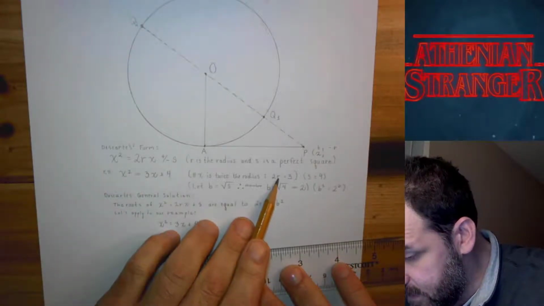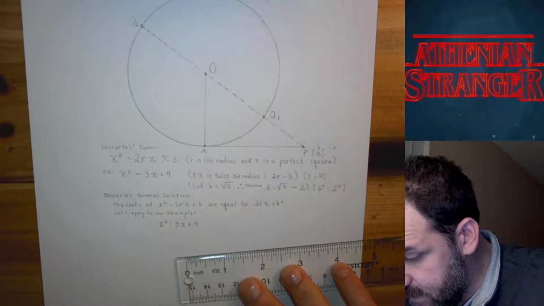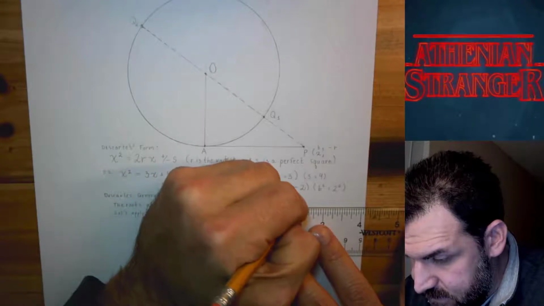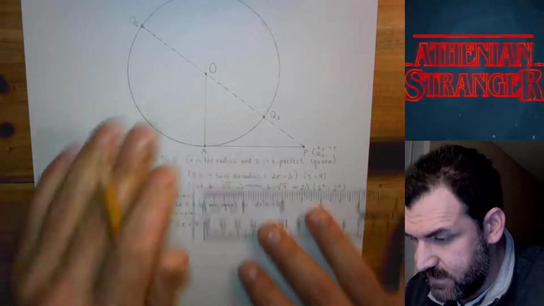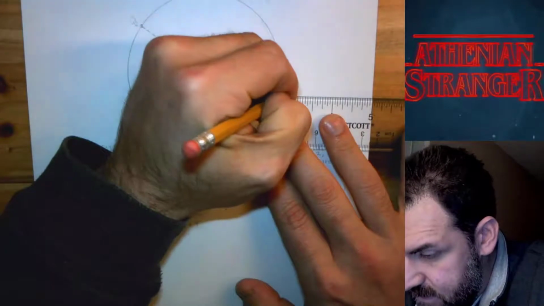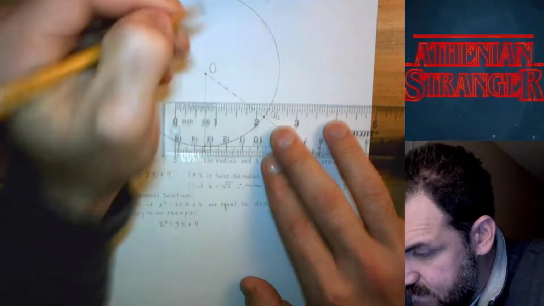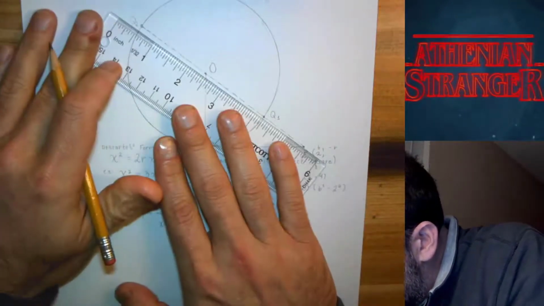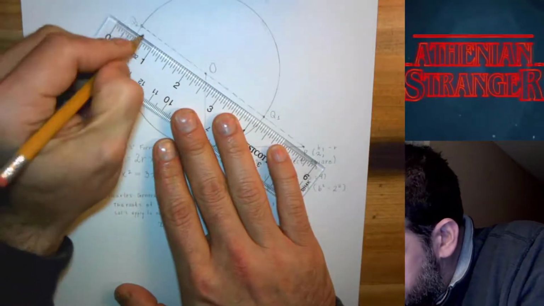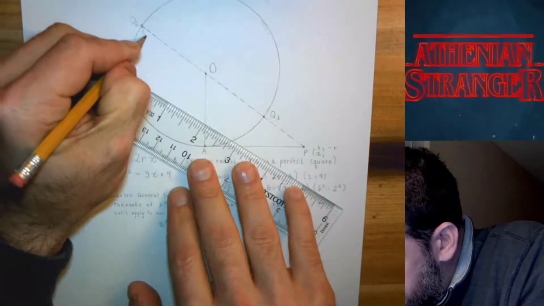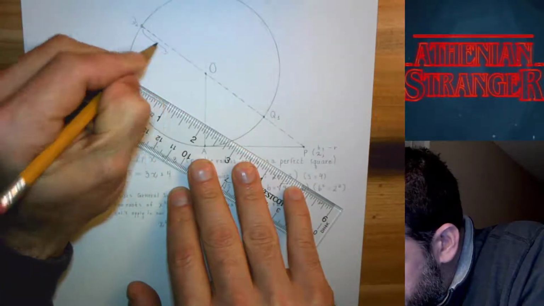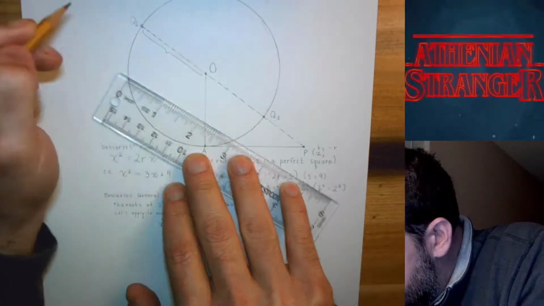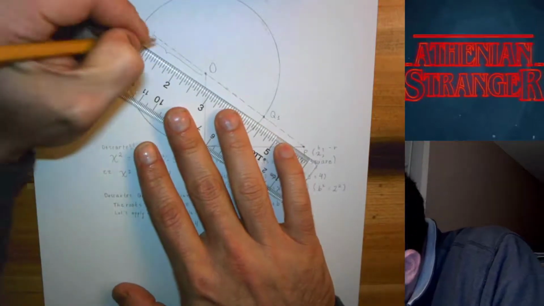If I want to find r, okay, I'll just show it to you over here, okay? So you need r. Look, let me do it over here. Let me do it right here, okay? On this one. So this is the radius, right? This is what we call the radius.